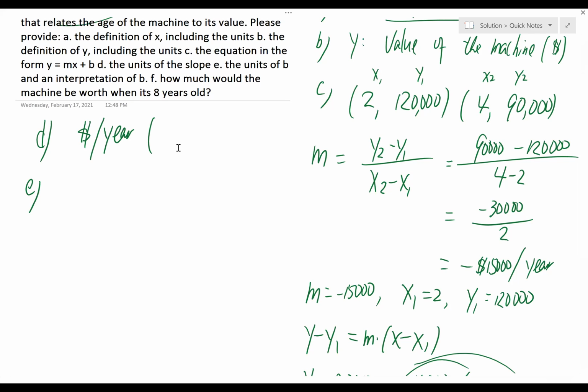Okay, no problem. So as the age of the machine increases by 1 year, the value of the machine will go down by $15,000. That's the interpretation.